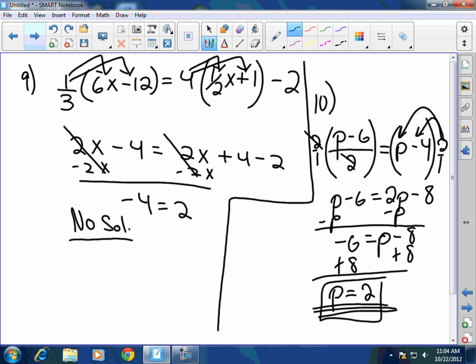No solution occurs when the variables have been canceled, like in number 9, and the leftover values do not form a true statement.